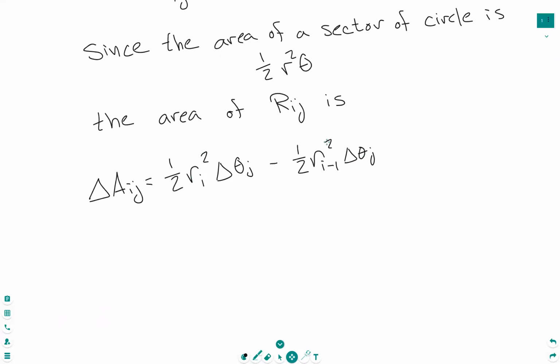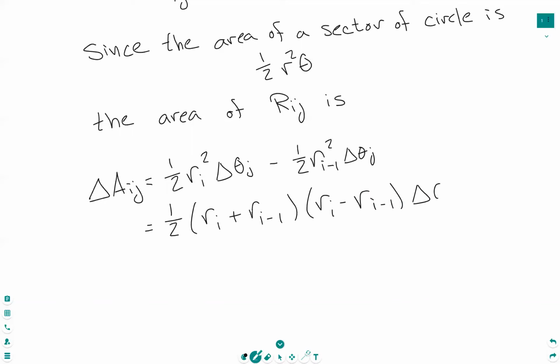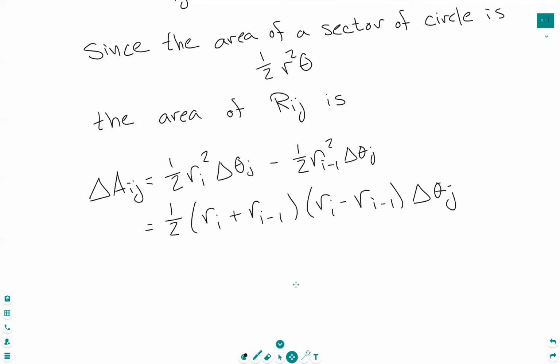So now let's massage this a little bit. Let's see what we can make this into. Well, we can say that this is 1/2 (Ri plus Ri minus 1) times (Ri minus Ri minus 1) times the change in theta j, right? This is like a perfect square, so we can unfoil it this way, just factor it into these pieces.